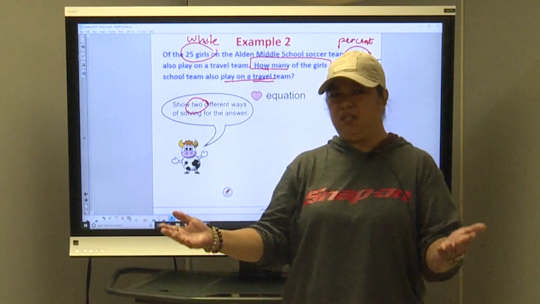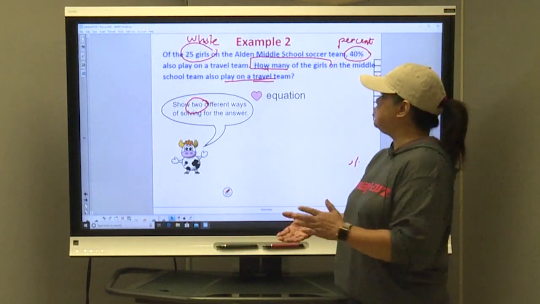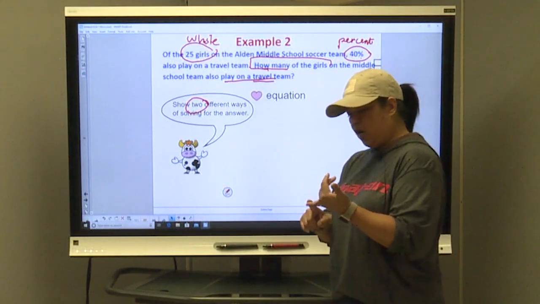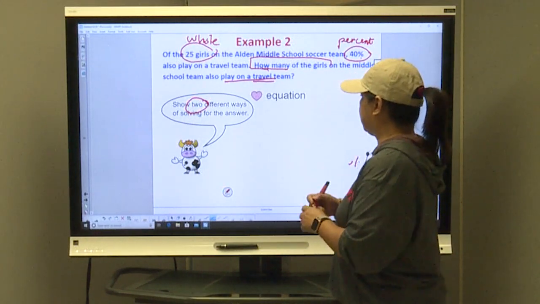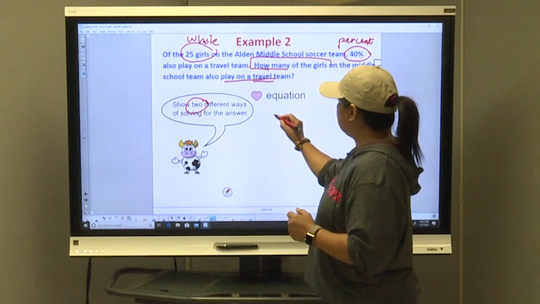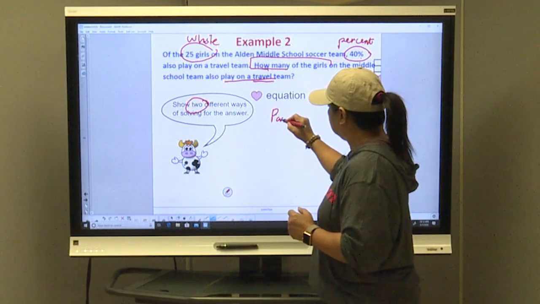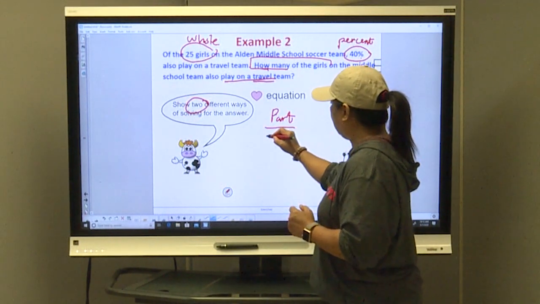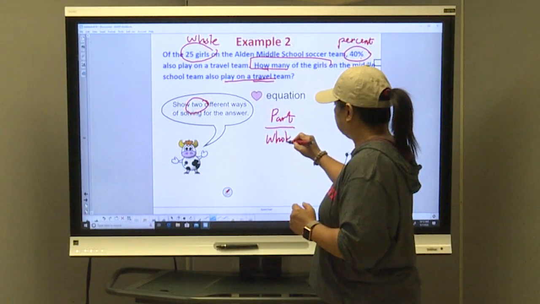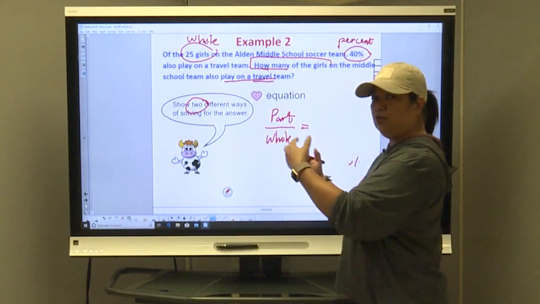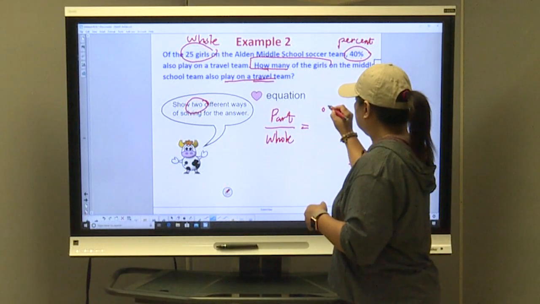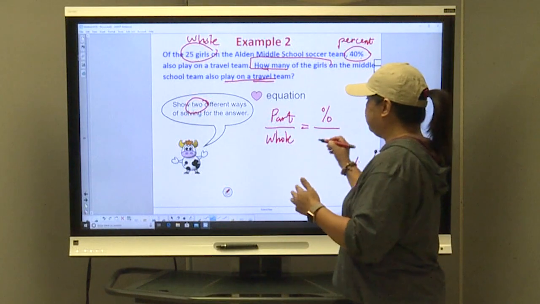Okay, so everybody is familiar with an equation. All right, so part, whole, and percent. So let's set up our equation. Using an equation, we need the part, we need the whole thing, and it should be, since an equation, equivalent to or equals the percent over the whole thing.